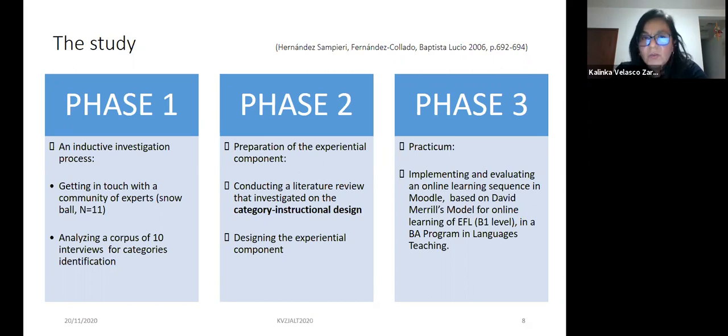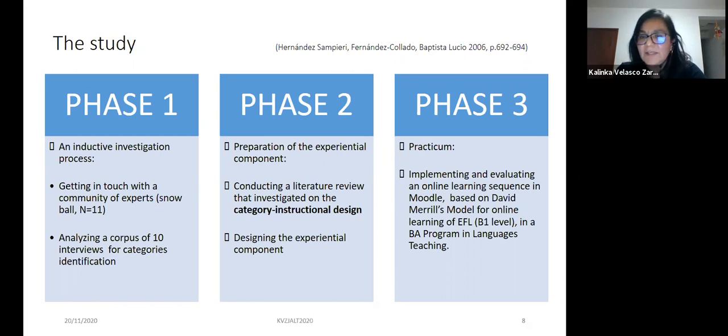Phase 2 consisted of preparing the experiential component. First, the pre-service teacher conducted a literature review that investigated the category instructional design. Later, he designed the experiential component.